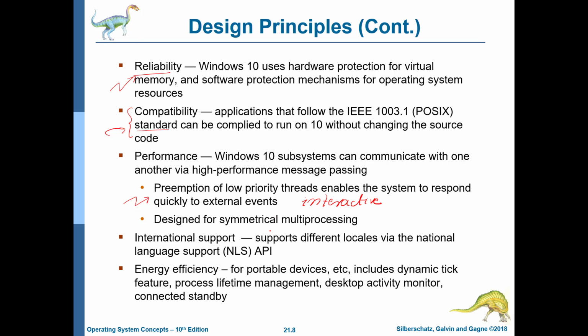And it has been supporting multiprocessing for a long time, so this is nothing new. What is interesting is that Windows is now a de facto standard operating system all over the world. So it has extensive support for different languages and different date formats, time formats, and so on. This is known as support for internationalization.